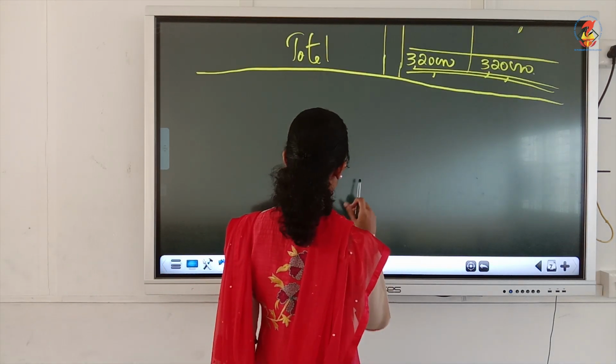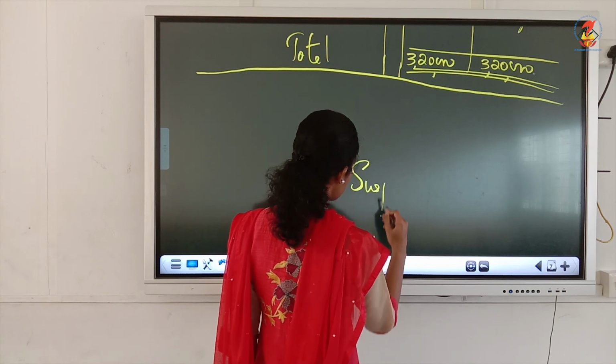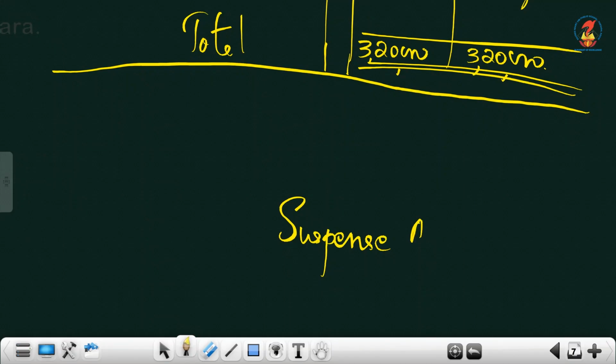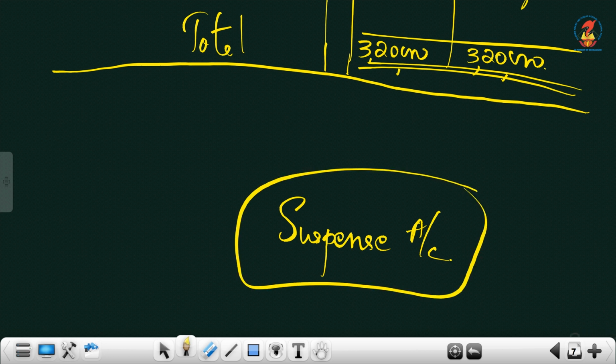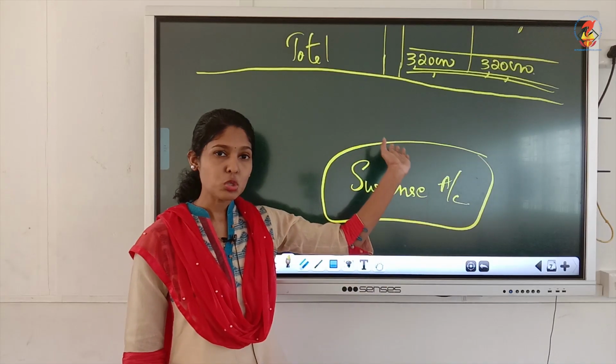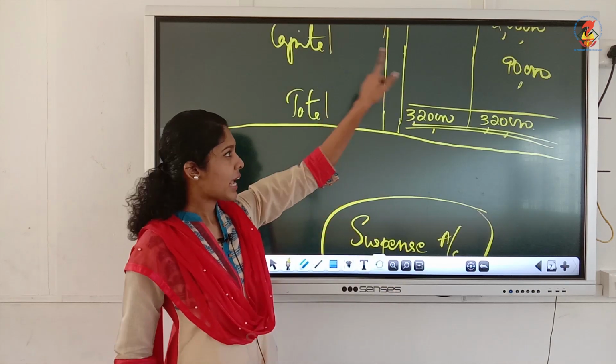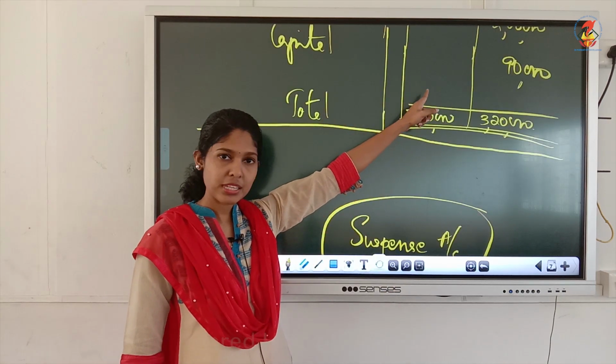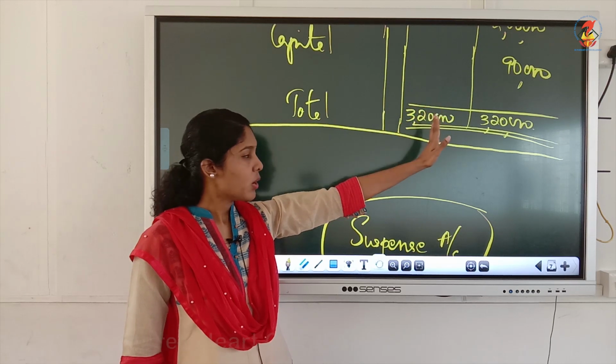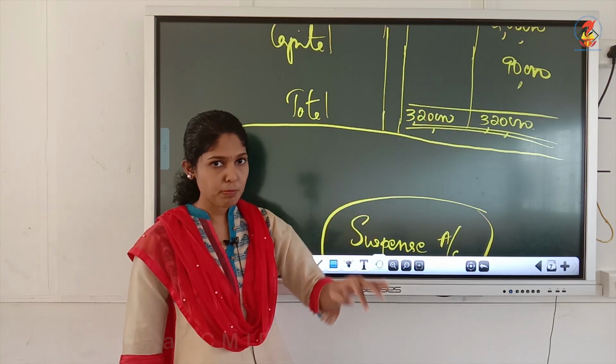If nothing is mentioned and there is a difference between the debit and credit sides, you must transfer that difference to an account called suspense account. Rarely will you get such questions. Even if you make a mistake, suppose you did not write capital in the credit column, you wrote capital in the debit column accidentally, then also the debit and credit sides will not be equal.